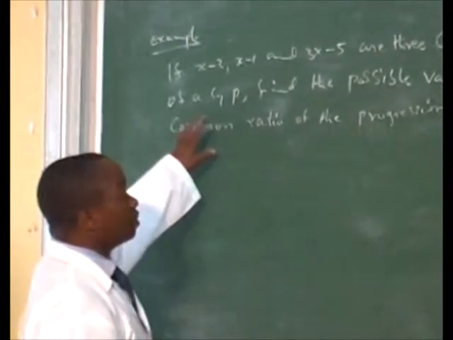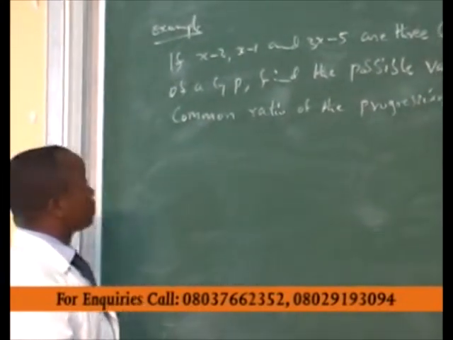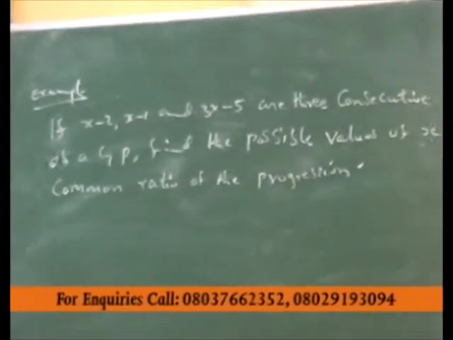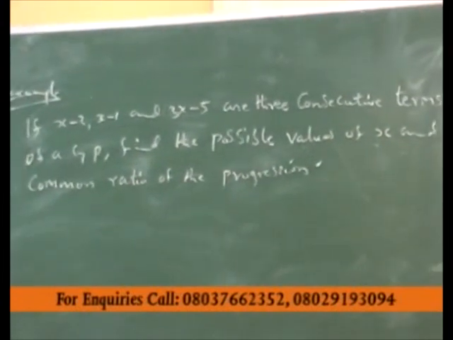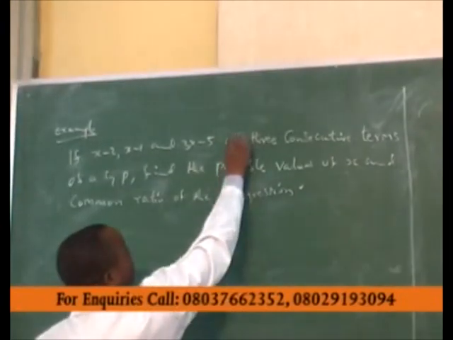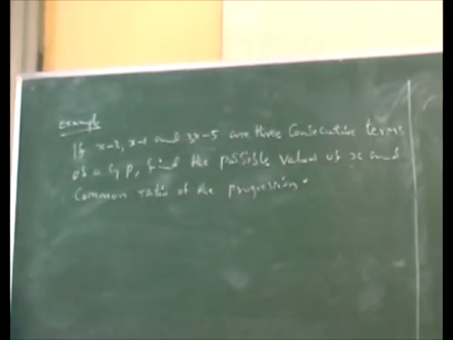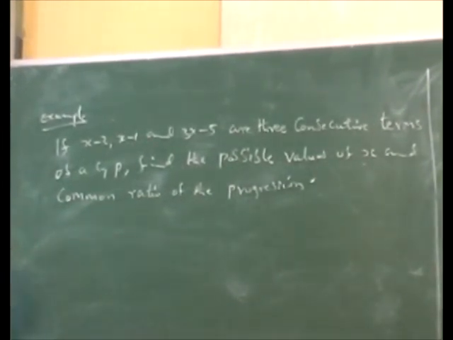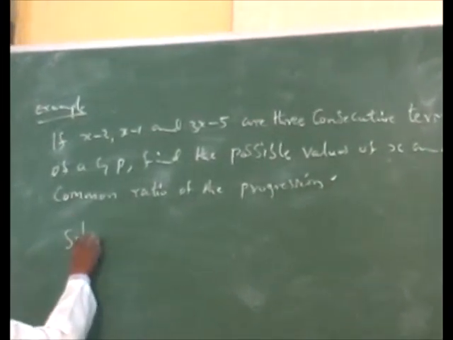Another example that we are going to look at is this. If x minus 2, x minus 1, and 3x minus 5 are 3 consecutive terms of a GP, find the possible values of x and the common ratio of the progression. So we take the solution this way.